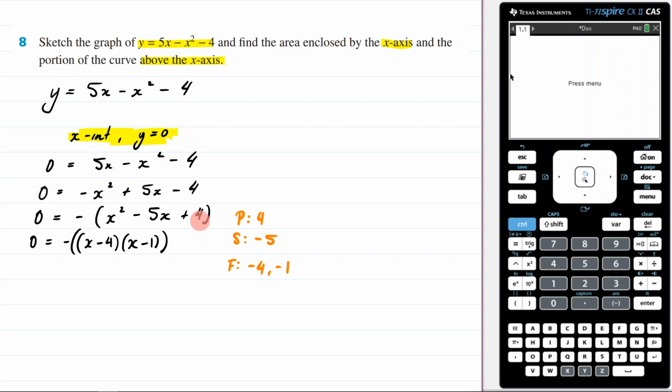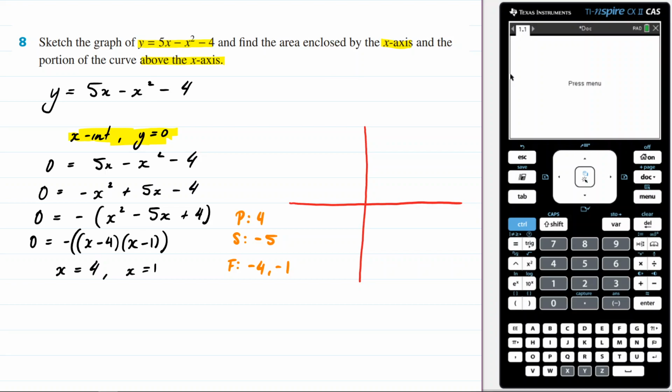Now I can look at this and I can use my null factor law to tell me what my x-intercepts are going to be. My x-intercepts are going to be 4 and 1. So now I can draw myself a pair of axes like such. Let me try that again. Let me go from here to here, from here to here.